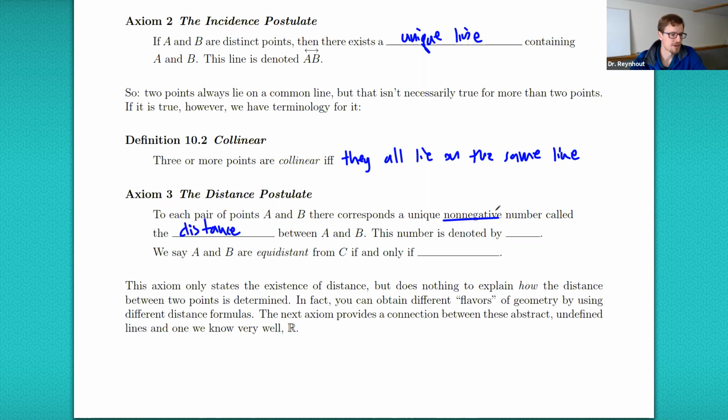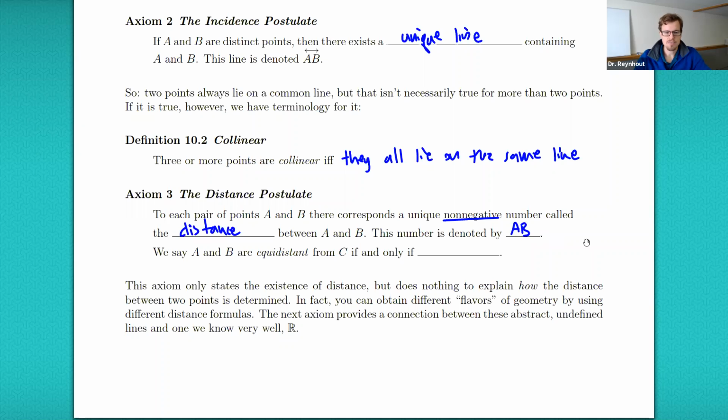The number is denoted by AB. We've seen some of these things before and we've talked about them. So this is just an emphasis that we're forgetting pretty much everything from sections 1 through 7 and anything that we may have known outside of that as well. We're developing, so we're making some restatements here.